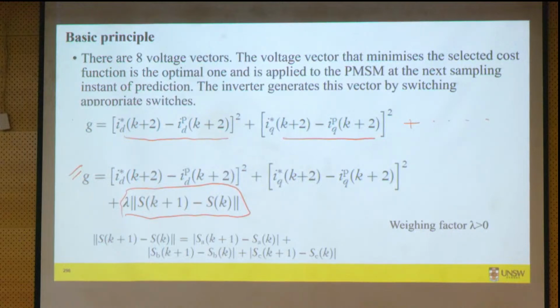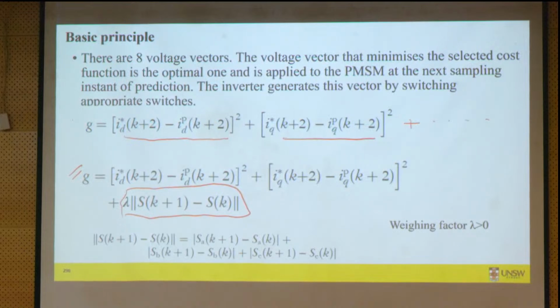When we use predictive control, since you are selecting the optimum space vector, your space vector could be anywhere in the space plane. If the vectors are not adjacent to each other, you may have to turn your switches on and off more, which means more switching loss. That's why in model predictive control, they often add an additional cost function for minimization of switching. This is an example of that.